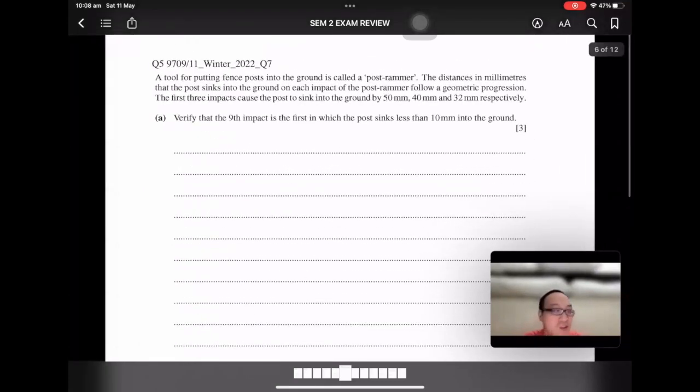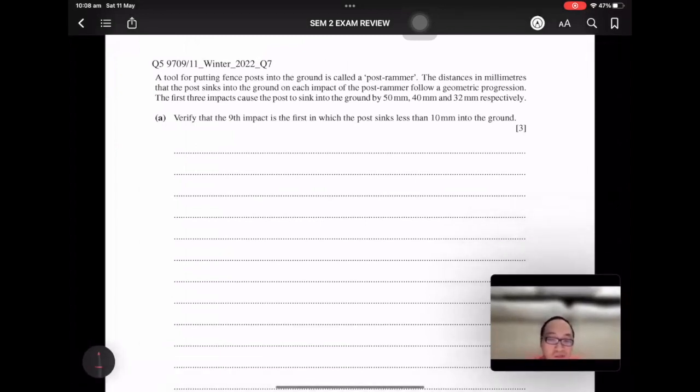Number 5. A tool for putting posts into the ground is called a post rammer. The distance in millimeters that the post sinks into the ground on each impact of the post rammer follows a geometric progression.